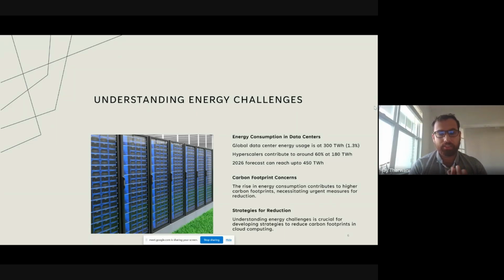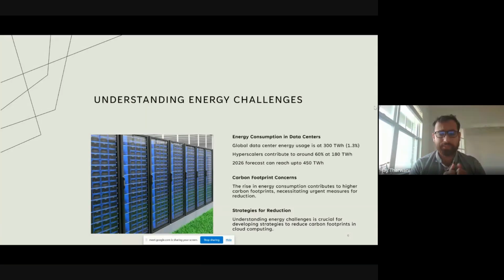The numbers I'll provide cover the energy consumption of data centers and the cloud together, because many individual businesses are planning to transition to the cloud as well, right? So the energy usage for all data centers is around 300 terawatt hours, and that's 1.3% of the global energy usage, which is quite a lot, right?